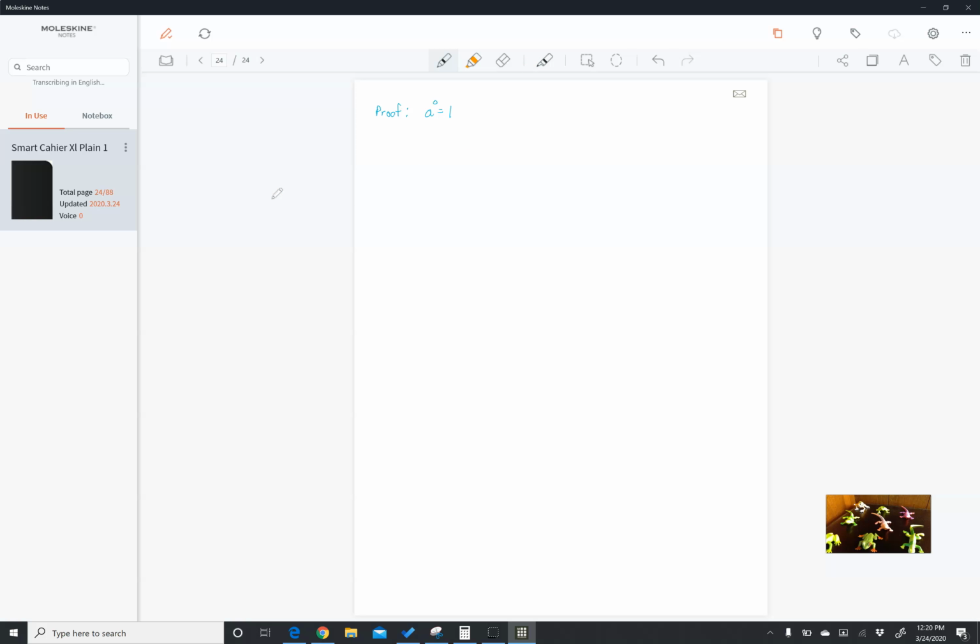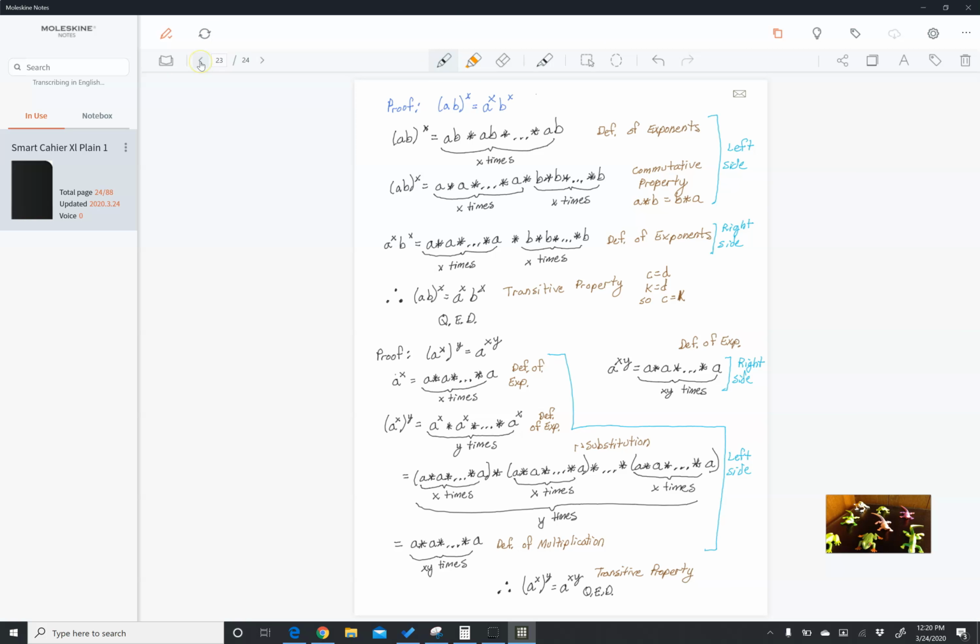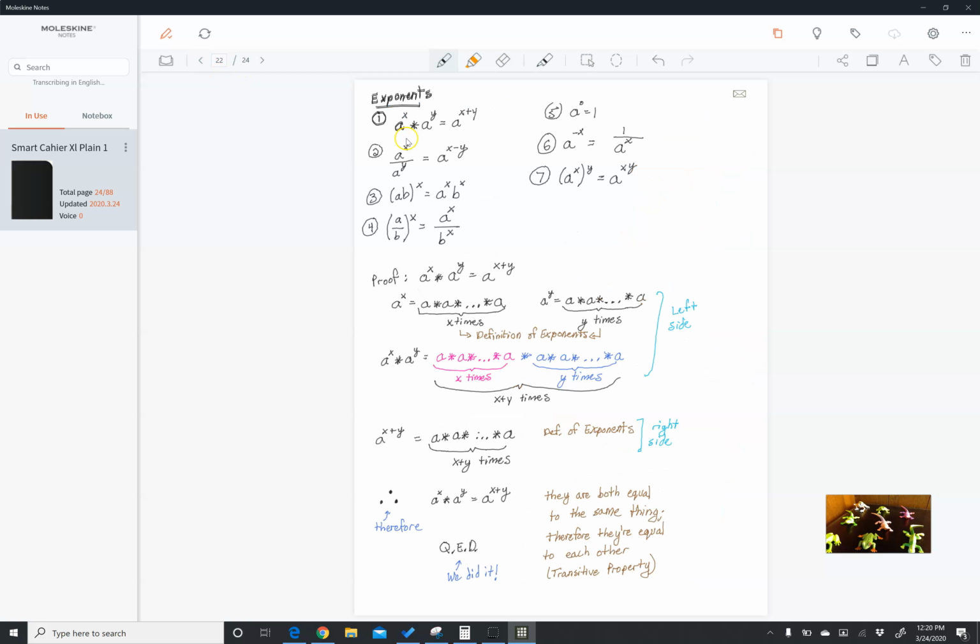Okay, so this is not necessarily quite as intuitive. So what we're going to do is we're actually going to use this property here, this first property, that a to the x times a to the y equals a to the x plus y.